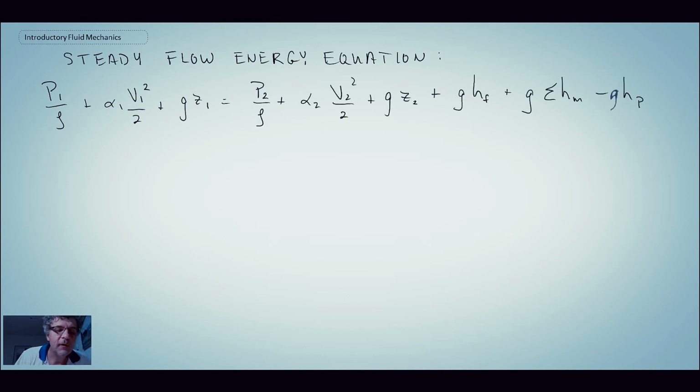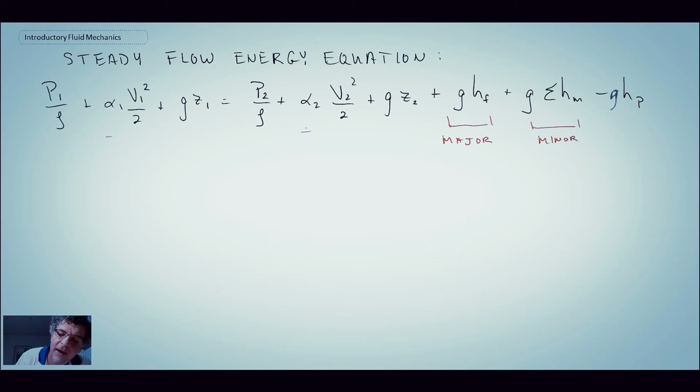Okay, so we have our kinetic energy coefficient, alpha, that is in there. This is our major losses, and that is due to turbulent shear within the pipe. This is all of our minor losses.